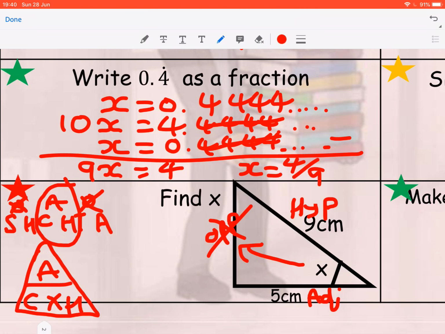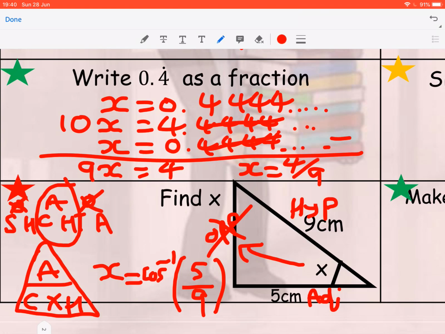Okay. Now I want to find the angle x. So x equals. Now if you take your thumb and you cover the C bit, which is the angle, you'll be left with A over H. Okay, if you cover the C bit in the triangle with your thumb, you'll be left with A over H. That's your working. So my A is 5. My H is 9. And remember, when you're finding an angle, it's always cos to the minus 1.